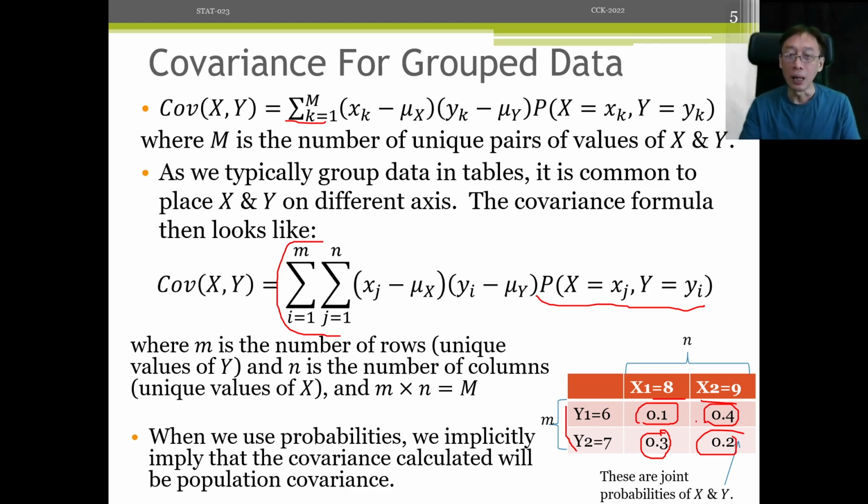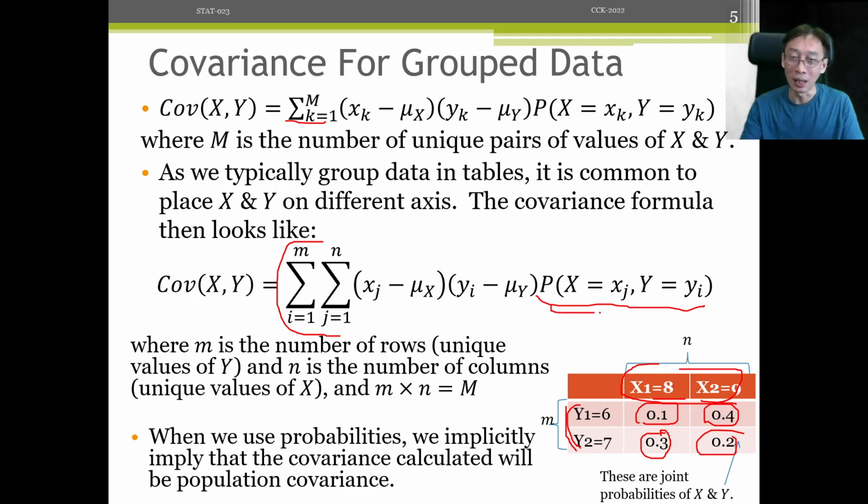It's just trying to say, let's calculate the mean of x, all right? Then use 8 minus the mean of x times how likely it is going to occur, all right? And then calculate the mean of y, then 6 minus mean of y, 7 minus mean of y times the probability that it will occur.